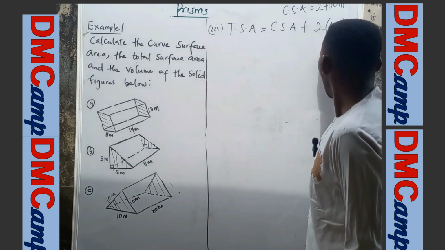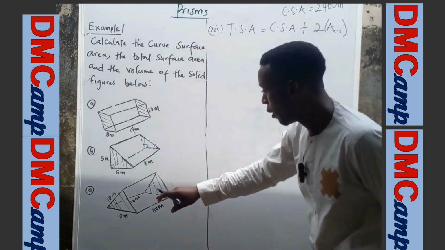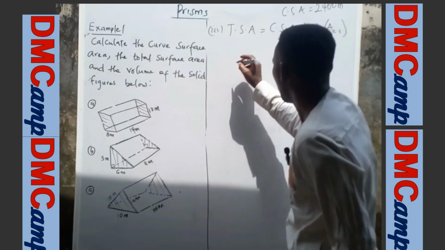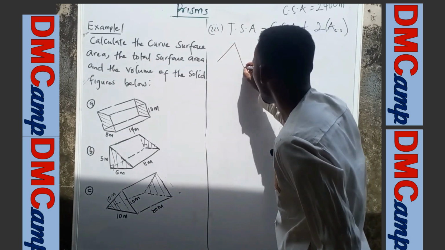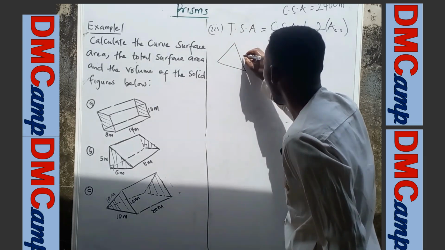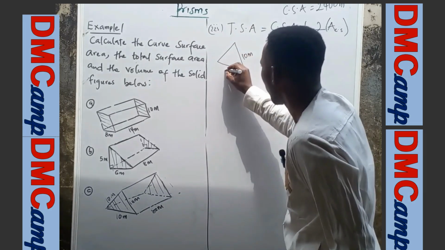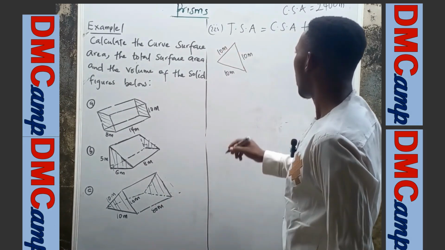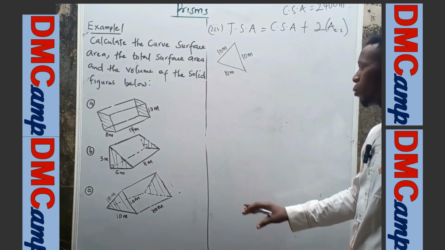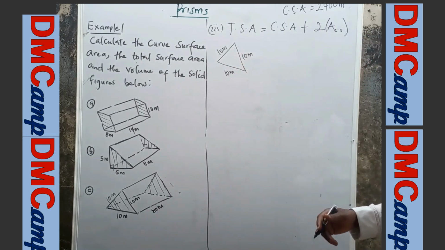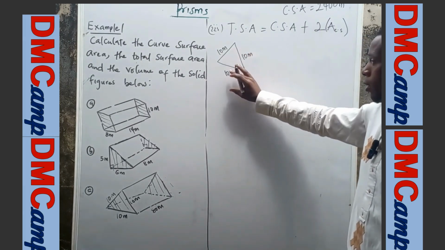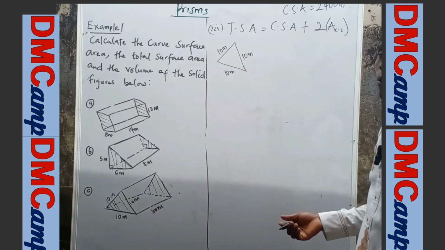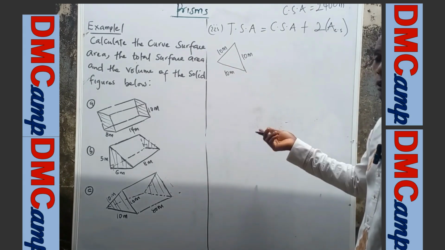Now, how do we get the area of this shape, this triangle? Here is 10 meter, here is 10 meter, and here is 10 meter. The best method to use here is Hero's formula to get the area of this triangle, since you have no angles given.